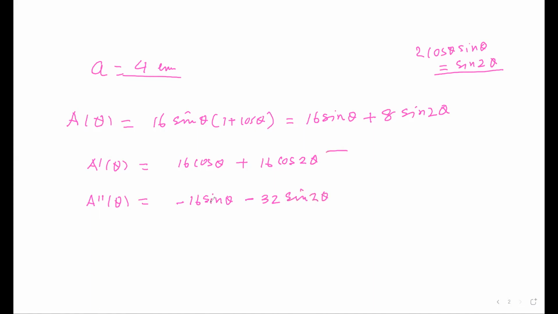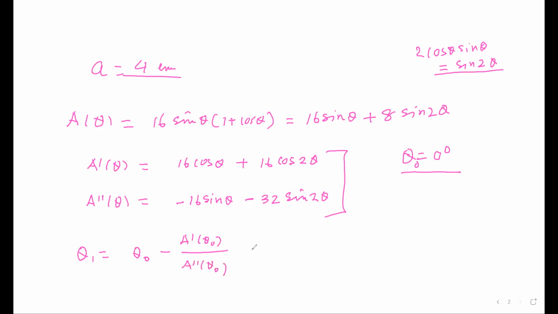Fine. Your values are already with you. Now let us start with theta equal to 0, which is your first iterative value, theta 0. Then theta 1 using Newton would be equal to theta 0 minus the value of A prime at theta 0 divided by the value of A double prime at theta 0, isn't it?